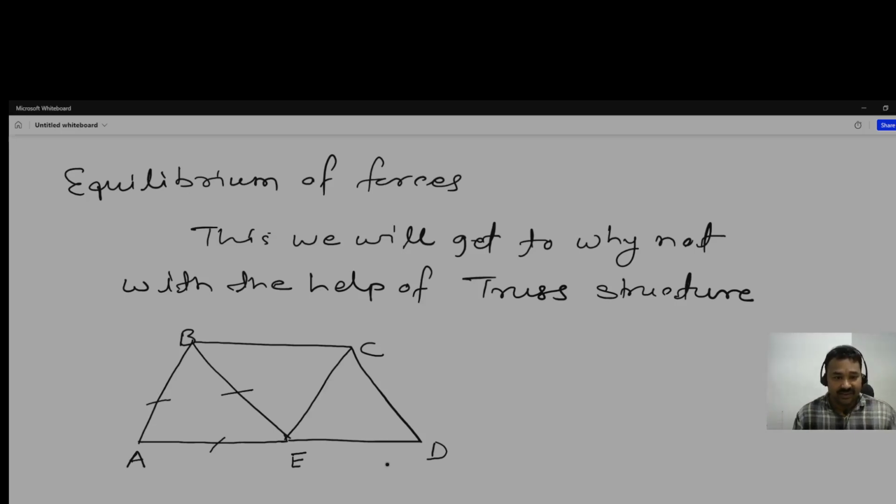So truss is loaded at the joints, and how much force? It is supposed 2 kilonewton, and here at the joint C 4 kilonewton.